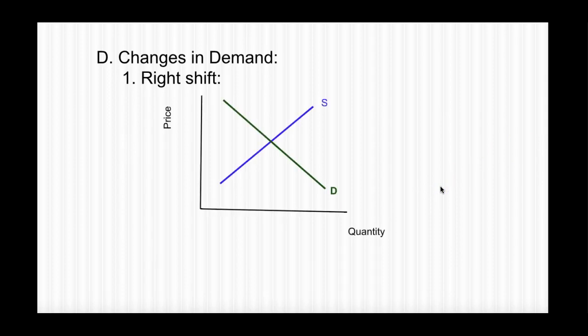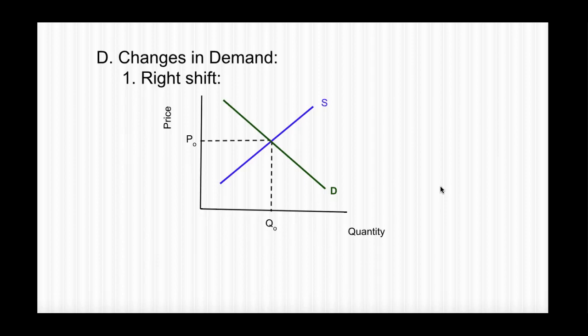Notice I labeled everything. I labeled the price as the y-axis, quantity as the x-axis, supply curve is upward sloping, demand curve is downward sloping. You should label everything. The point where they intersect, that's my original price, that's my original quantity. That is going to be my equilibrium price, my equilibrium quantity.